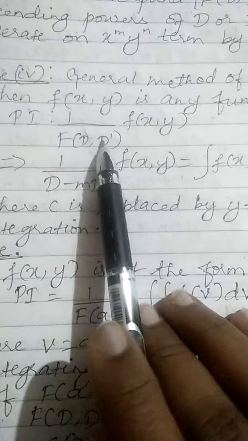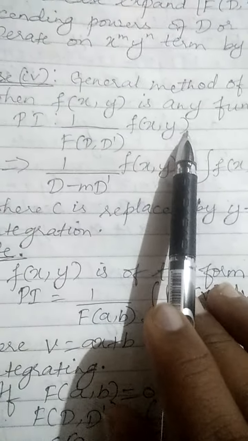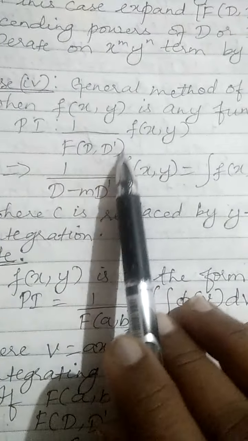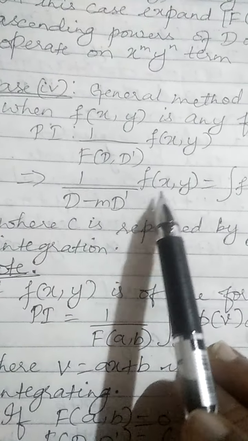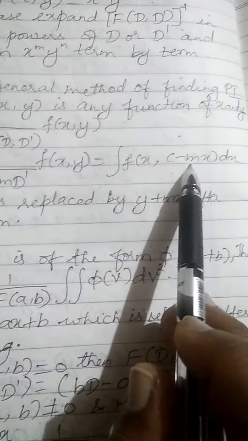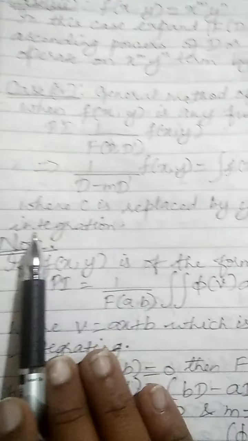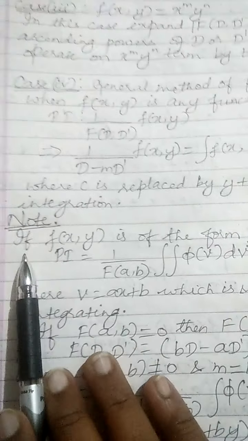So 1/f(D, D') f(x,y). We should write this f(D, D') in the form of factors. So 1/(D − mD') f(x,y) equals the integral of f(x, c − mx) dx, where c is replaced by y + mx after integration.